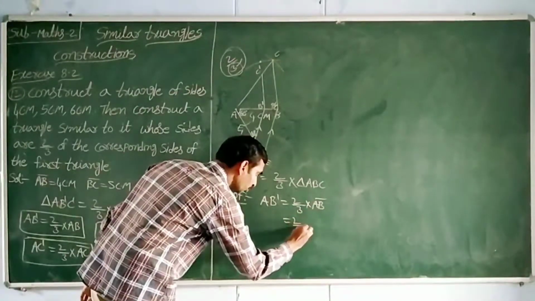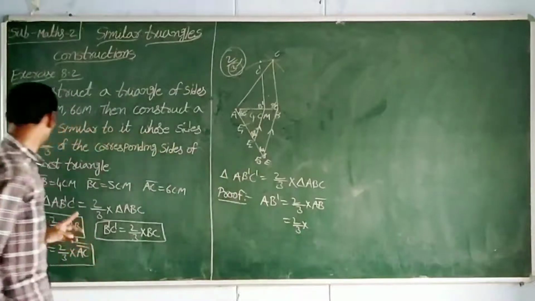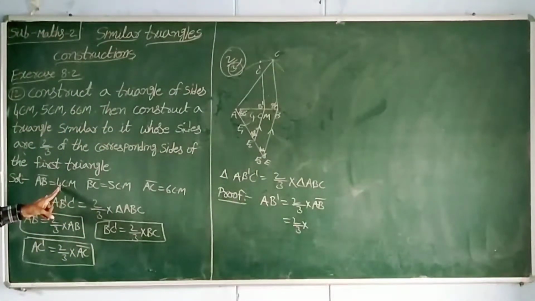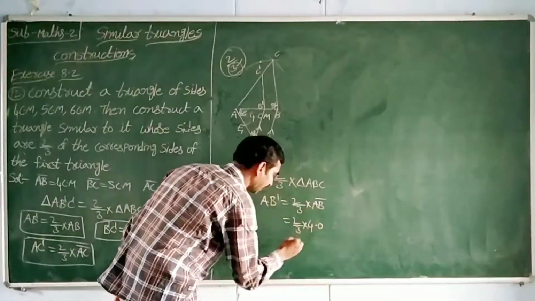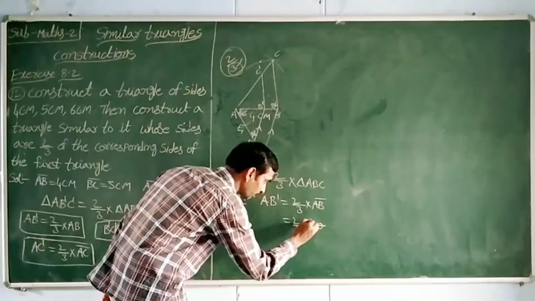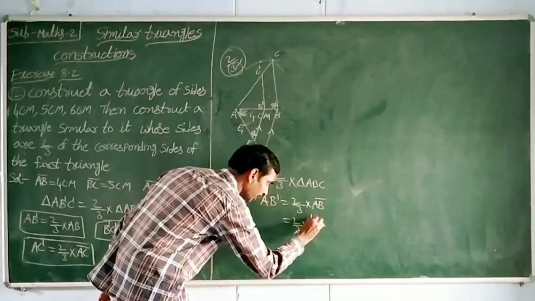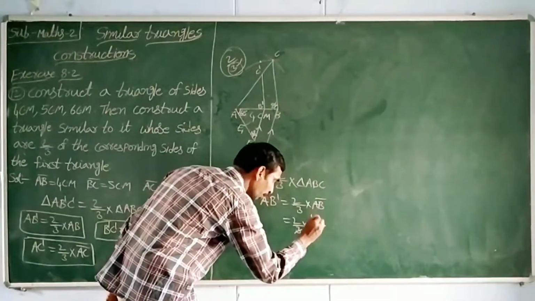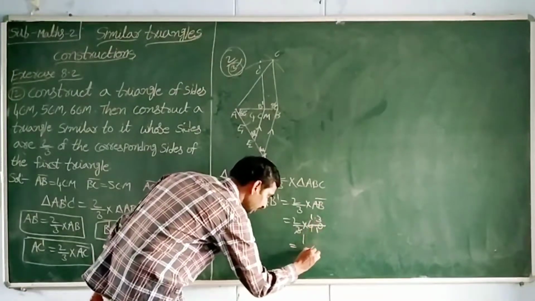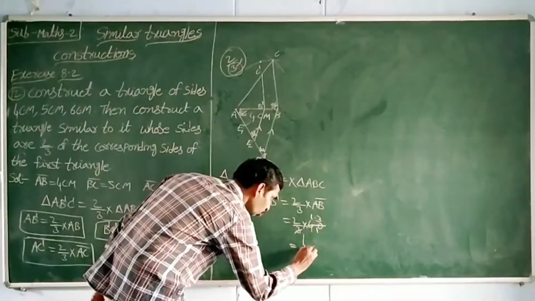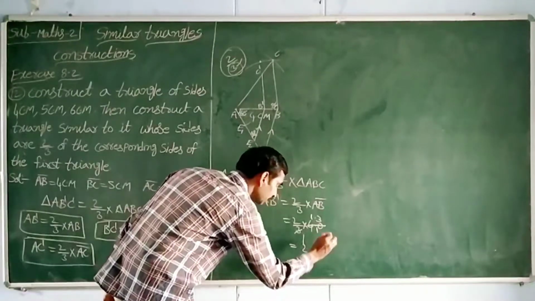We know AB is equal to 4 centimeters. 2/3 into 4: 3 ones are 3, remaining 1, point 3 3s are 9, so 1.3 recurring. 2 3s are 6, so 2.6 centimeters.